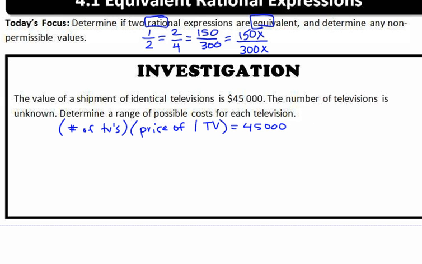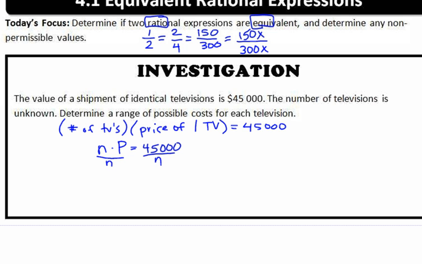$45,000, thank you. So if we call the number of TVs N and the price P, P for price, N times P equals $45,000. It says determine a range of possible prices, so we want the price by itself.